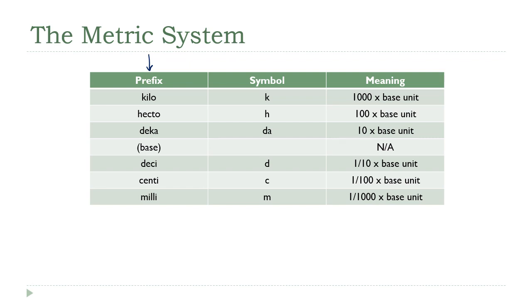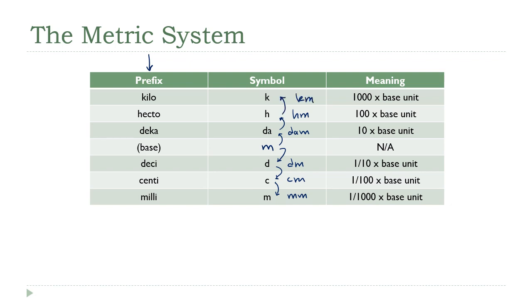The symbol for a meter is an M. So if meter is the base unit, then decimeters, centimeters, and millimeters are also metric system linear measurements. And if we go up the other way, we have decameters, hectometers, and kilometers.